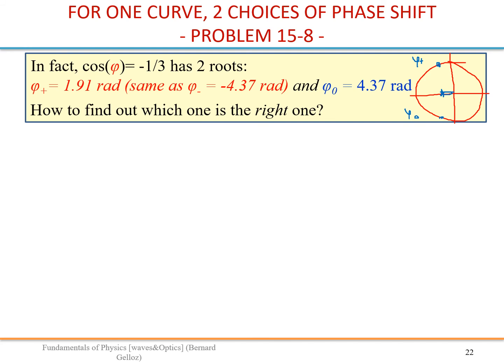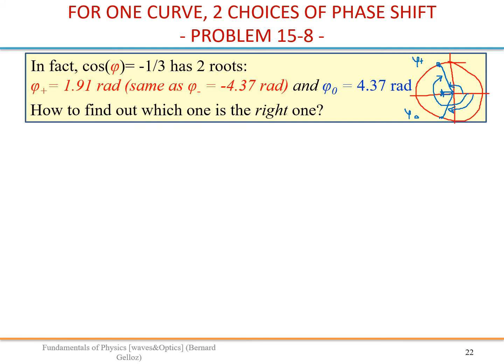So what is this phi minus? It's the same. So indeed, phi plus is this, but this is a negative, so you can also go from here and go all the way around, and this is phi minus. So it's the same angle, just taken the other way around. So you have either phi plus or phi 0. Phi 0 being just this one.